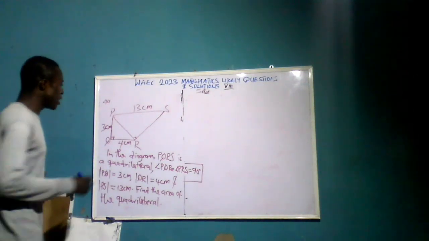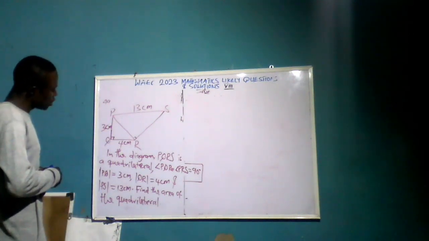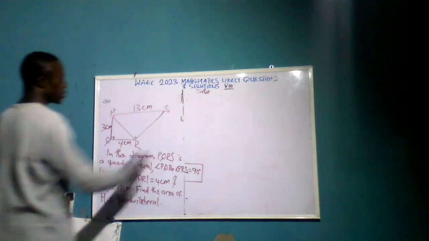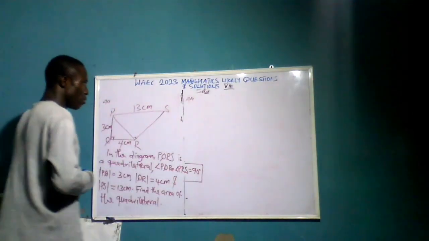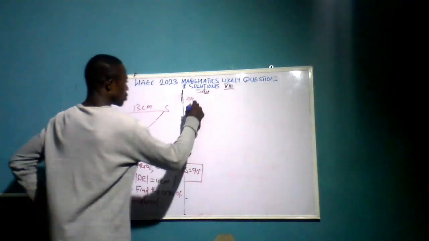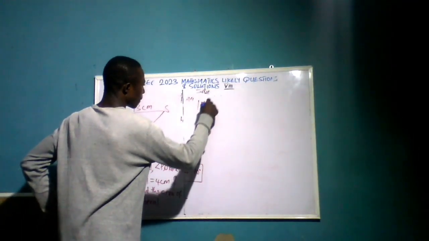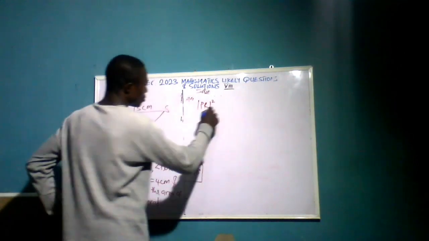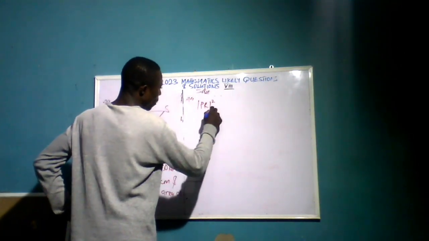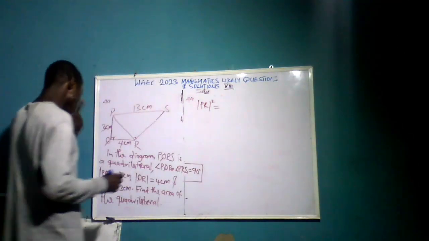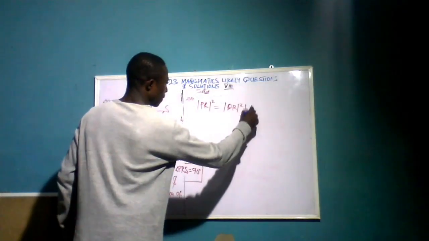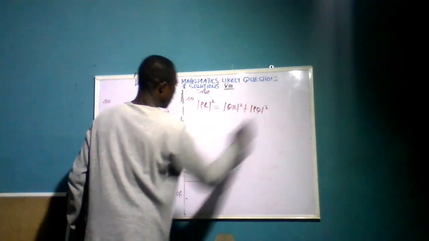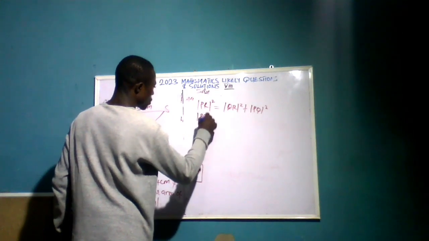Okay. Now let's find out the magnitude of side PR, and that can be done by using Pythagoras theorem. Okay, so the magnitude of PR will be taken as this: PR square will be equal to QR square plus PQ square, and that will be PR square.